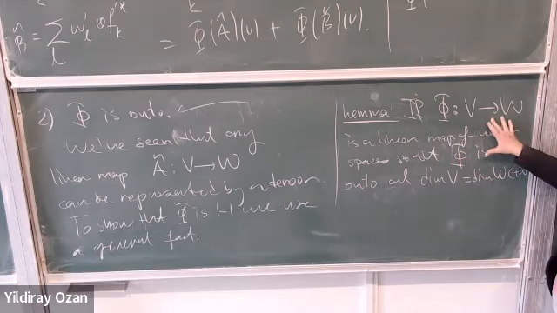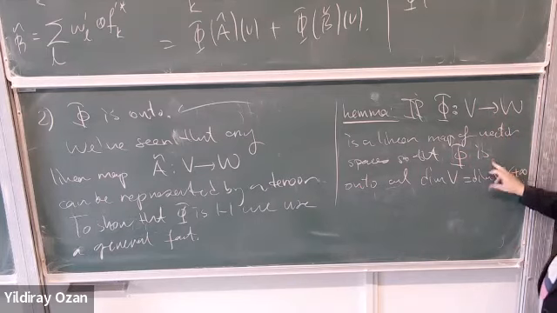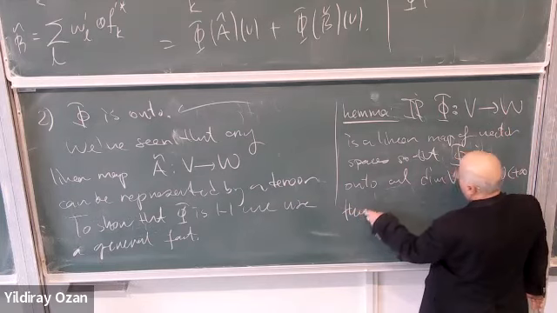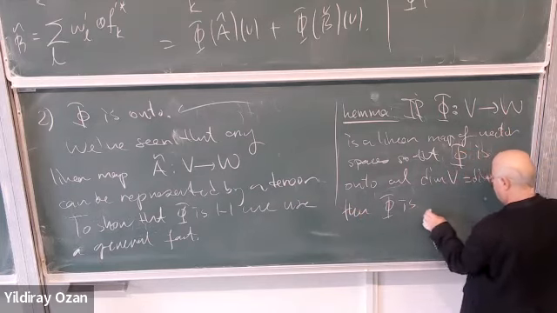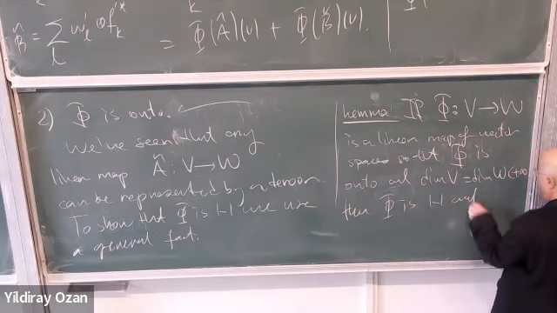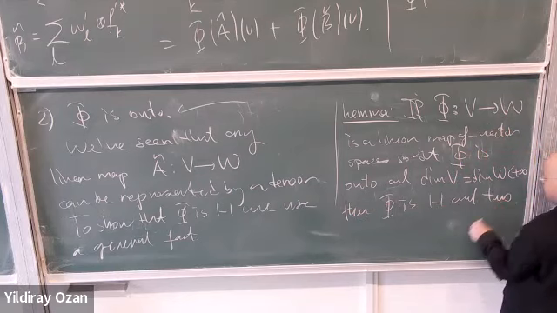So if these are finite dimensional vector spaces with the same dimension, and if this map is onto, then it is one-to-one, and thus an isomorphism.